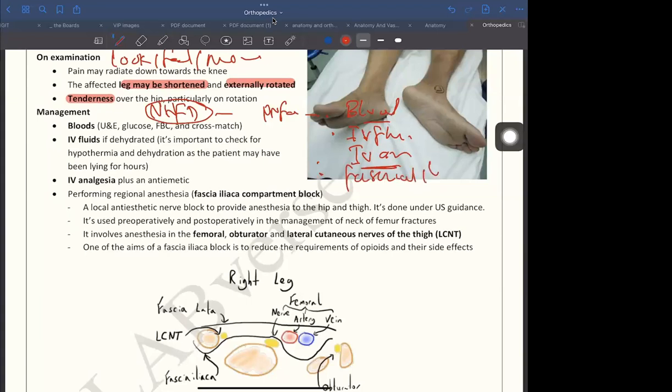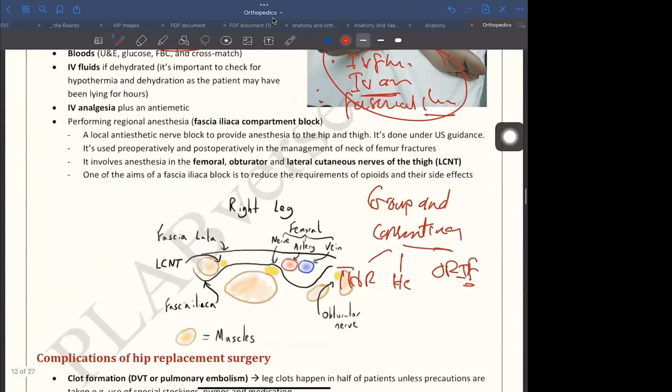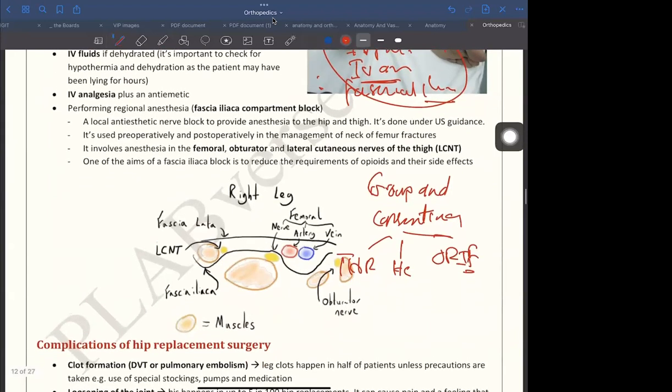This is very important. Get them ready for surgery by taking the group and screen and consenting them for surgery, which could be either total hip replacement, hemiarthroplasty, or ORIF, okay? And also counseling them about the risks and benefits of surgery and so on.